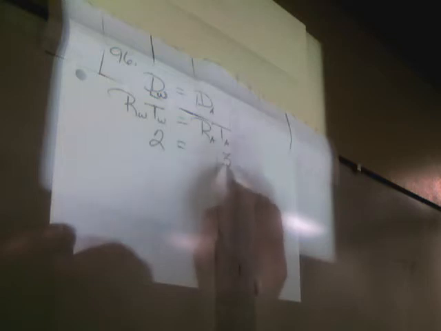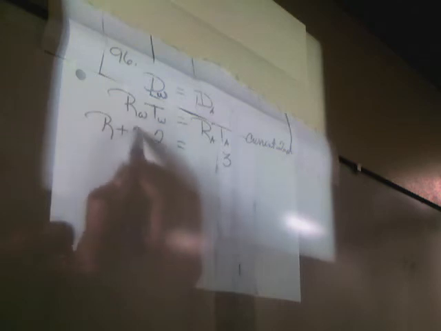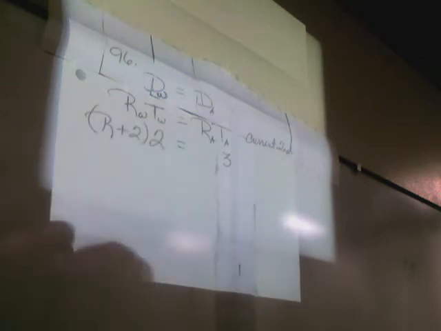Of course, it takes longer to go against the current. It said the current was 2 miles an hour. So when you were going with the current, you would have your rate plus the rate of the current helping you. When you're going against the current, you would have your rate minus the rate of the current.